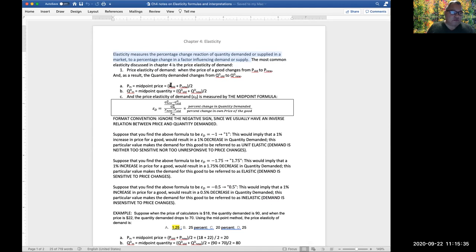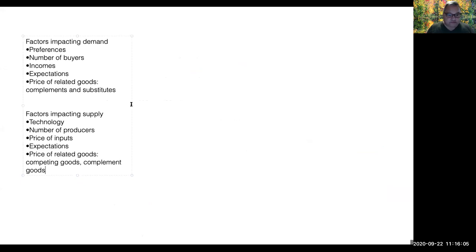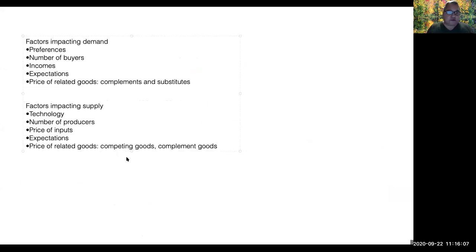Okay. So by looking at our previous list of factors that influence supply and demand in our ink board, we notice that there are several factors that we talked about in Chapter 3 as being important factors affecting how demand and supply react.